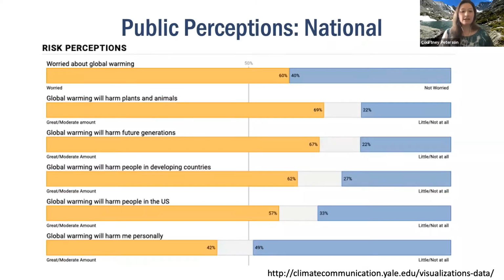And then thinking about risk perceptions, you can see that about 60% are worried about global warming. However, 70% are worried that global warming will harm plants and animals. And so again, that has implications for us as natural resource managers for how we're implementing management and really thinking about climate adaptation strategies.